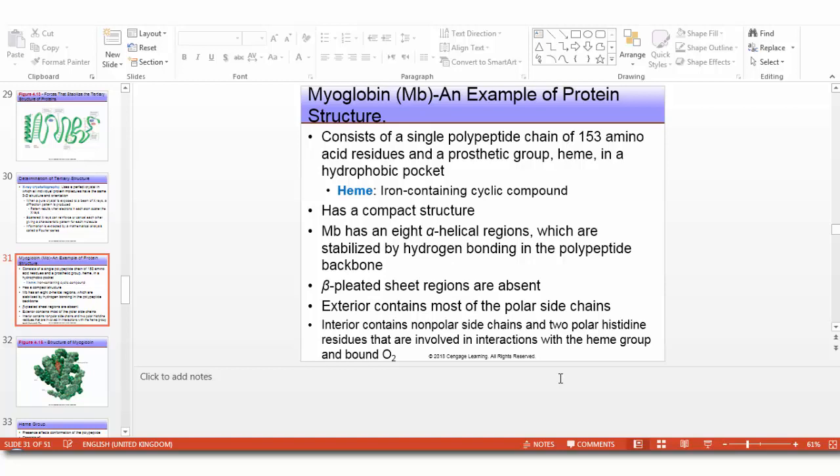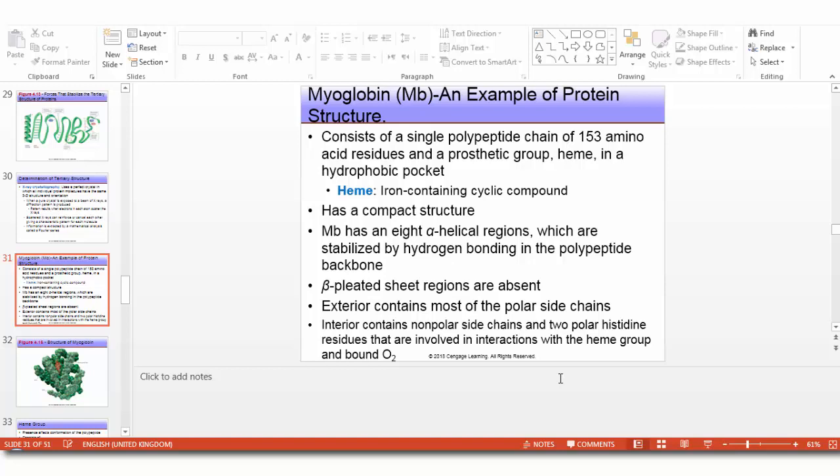The heme is an iron-containing cyclic compound and has a compact structure. Myoglobin has 8 alpha helical regions, which are designated A, B, C, D through H, and they are stabilized by hydrogen bonding in the polypeptide backbone.